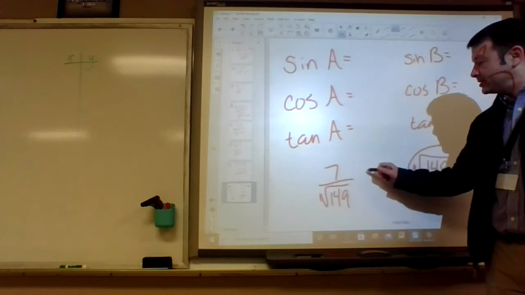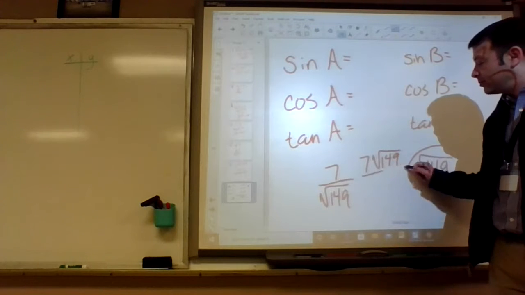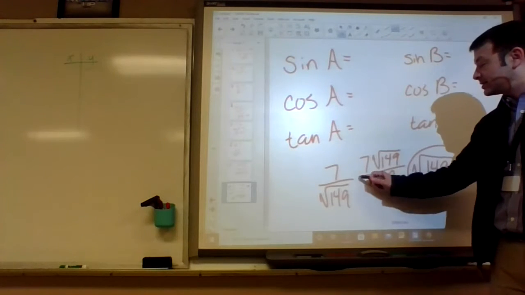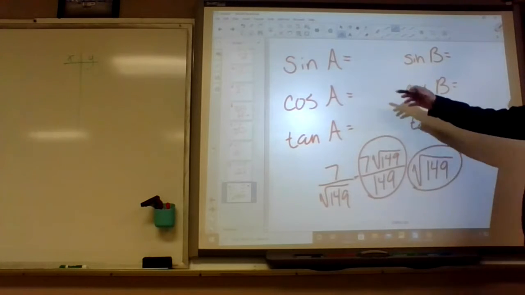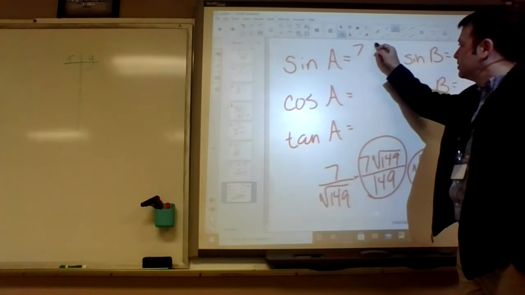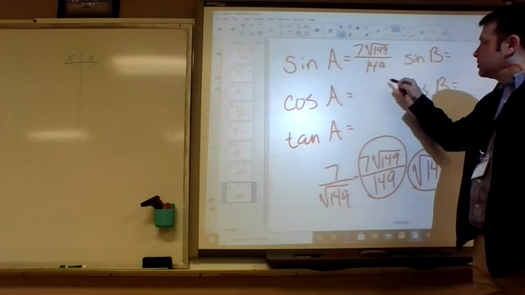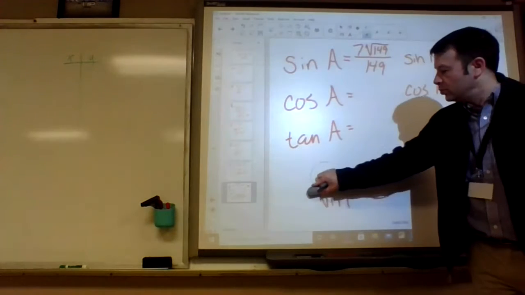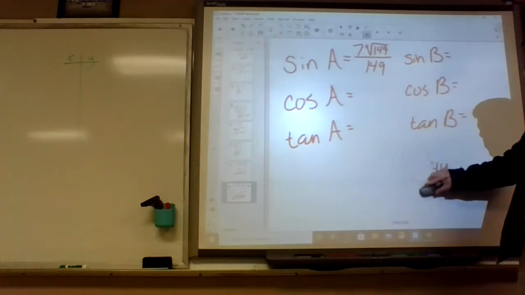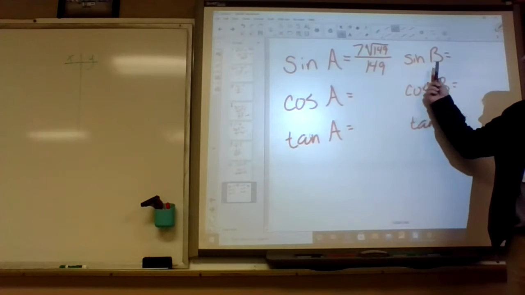You just multiply by square root of 149 over square root of 149, and you get 7 square root of 149 over 149. There's kind of a trick for the B's though.